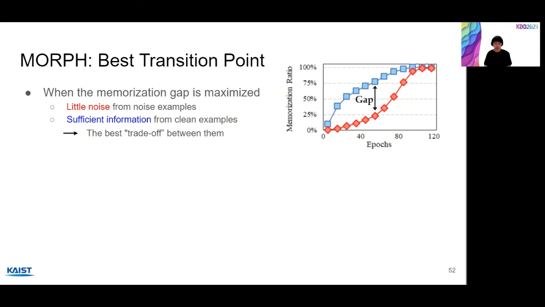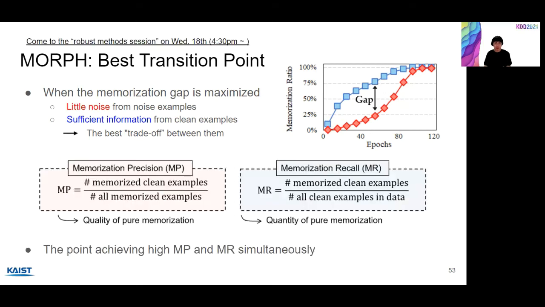The little noise means the quality of pure memorization, while the sufficient information indicates the quantity of pure memorization. That is, the best point is the best trade-off between the quality and the quantity of pure memorization. To measure the quantity and quality of pure memorization, we introduce two metrics below.